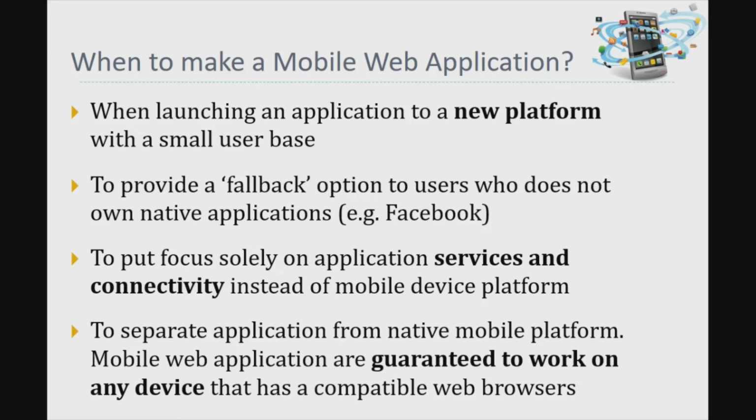Sometimes your user may have a different platform from what you have developed. For example, you develop using Android Studio, so that's purposely for Android users. But somehow there are users that want to use it too. So you go for the web application, so both can use it.